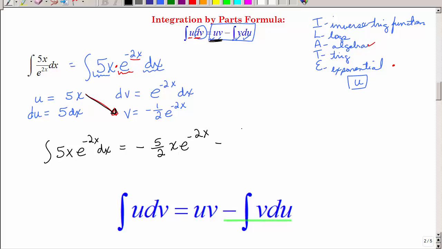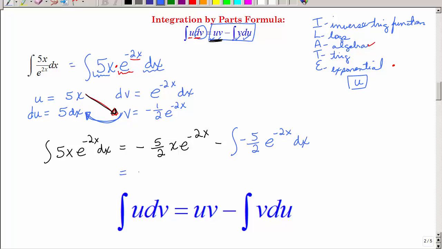Then I need to subtract the integral of v du. Okay, so I have to multiply those together. So I have a minus because of the formula, and then I have a minus because of that v. So I have minus a negative 5/2 e to the negative 2x dx.